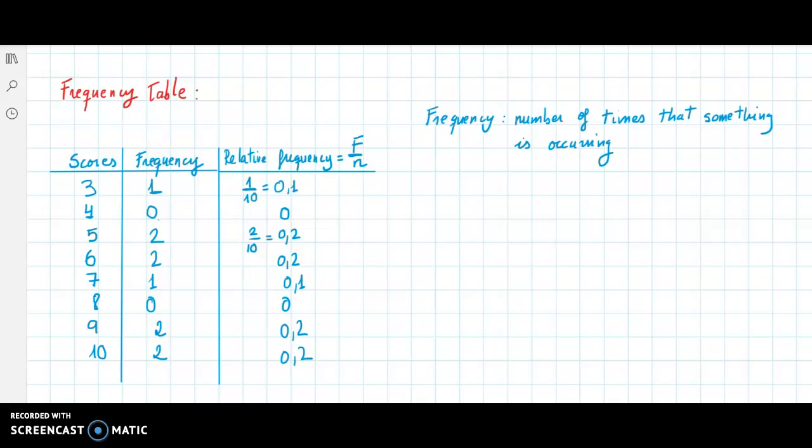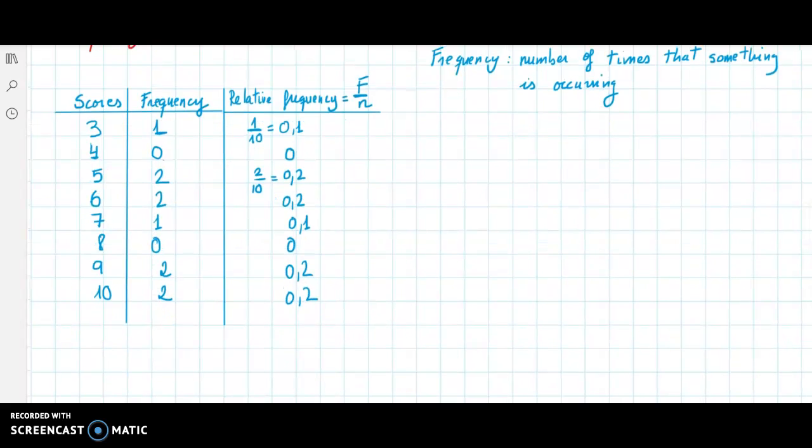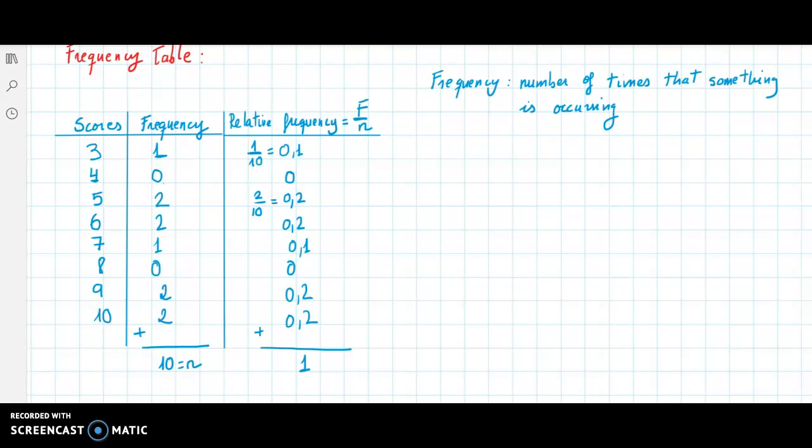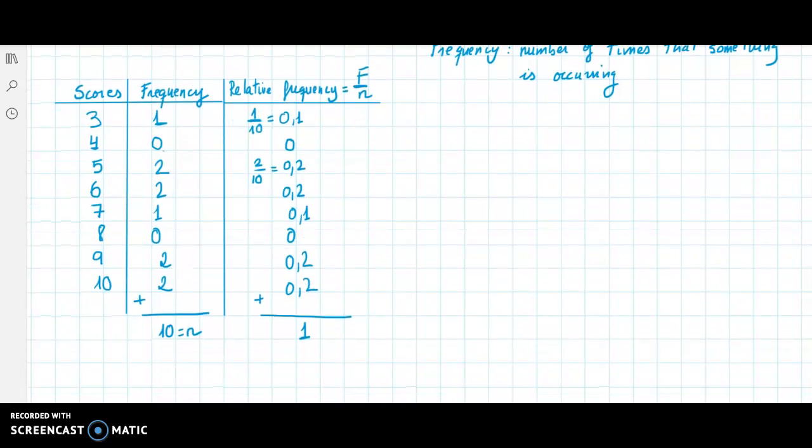If you add all these relative frequencies, we get 1. If we add the frequencies, we get the number of students, 10. And this number of students, 10, is also the number of data that we have.